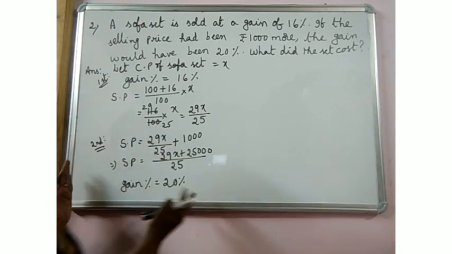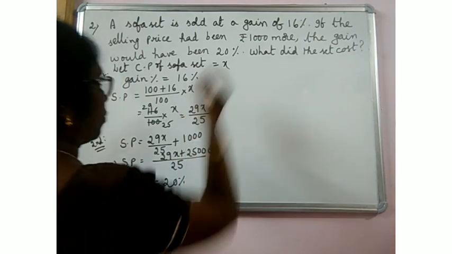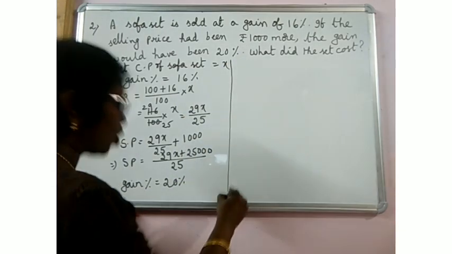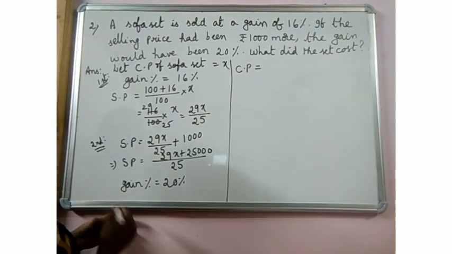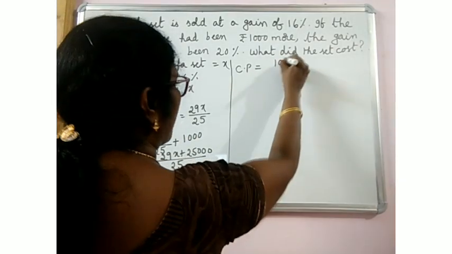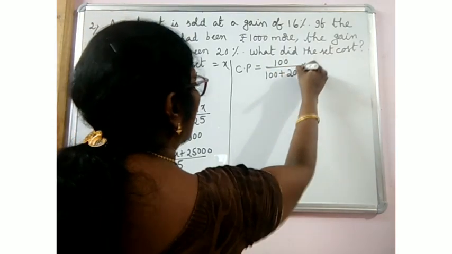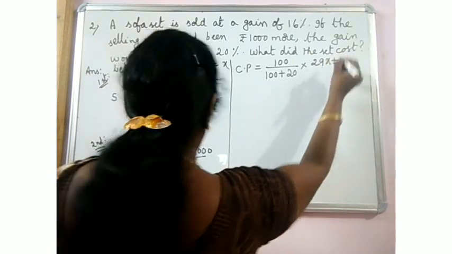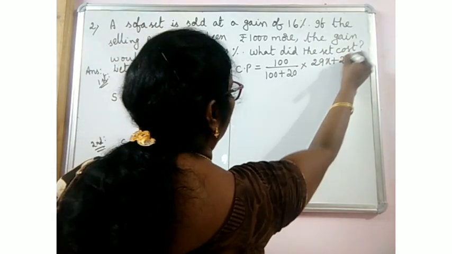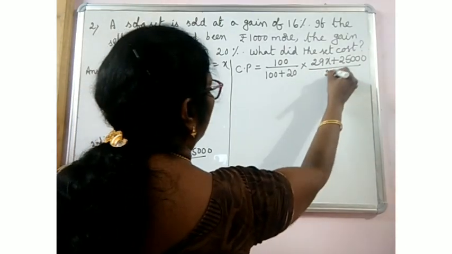Okay? Now in the second situation, selling price and gain we have got. Let us find the cost price. You know that the formula for cost price when there is gain is 100 by (100 plus gain percent) into selling price, which is (29x plus 25,000) by 25.